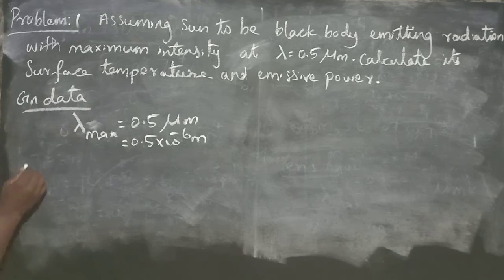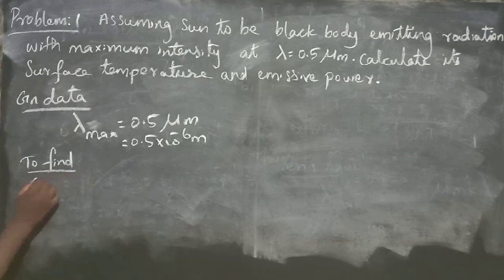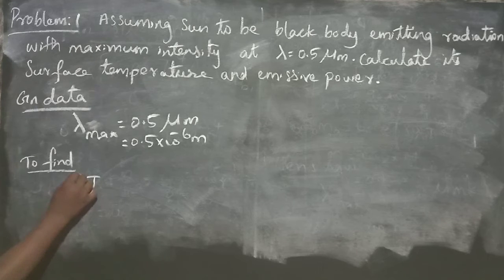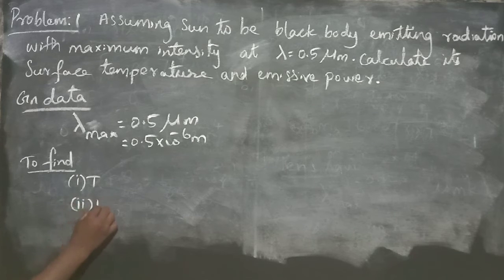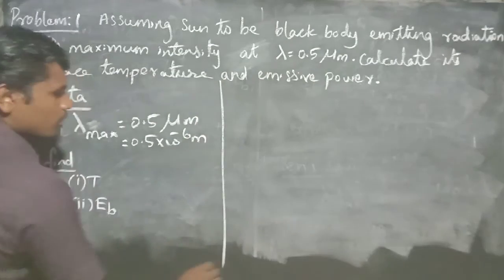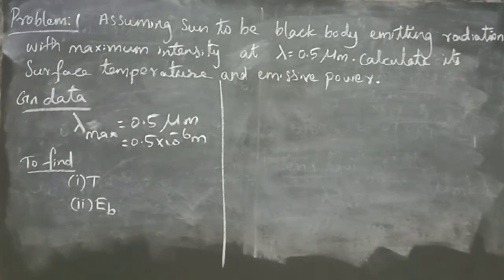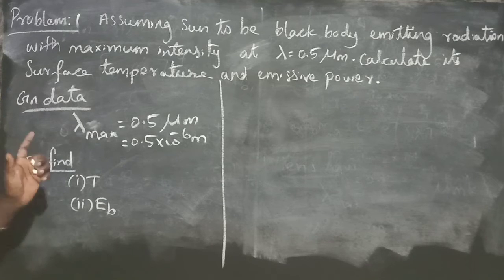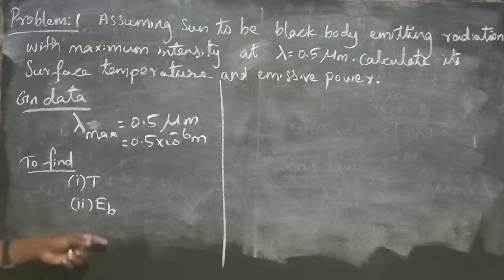What we need to find: first, temperature; second, emissive power. Only the maximum intensity is given. How can you solve this problem and find the temperature and emissive power?